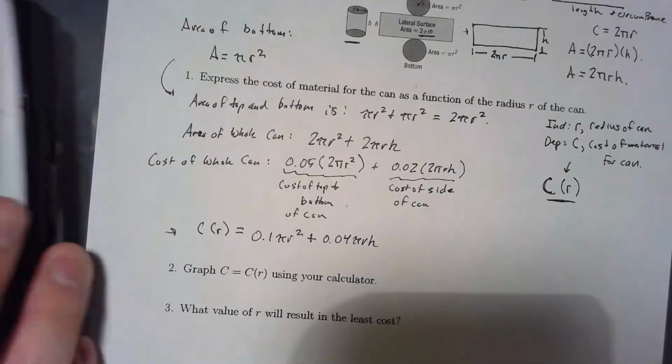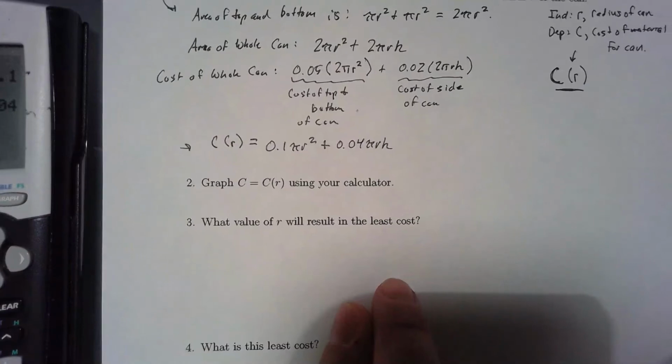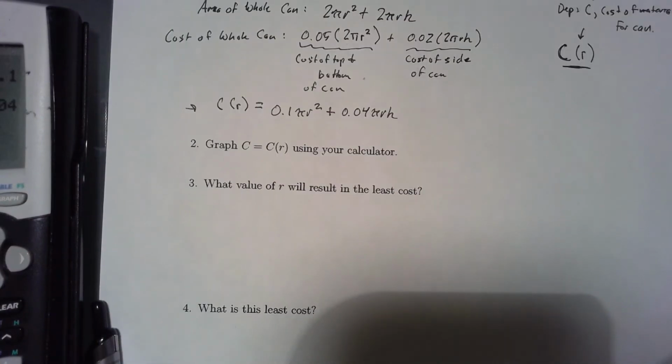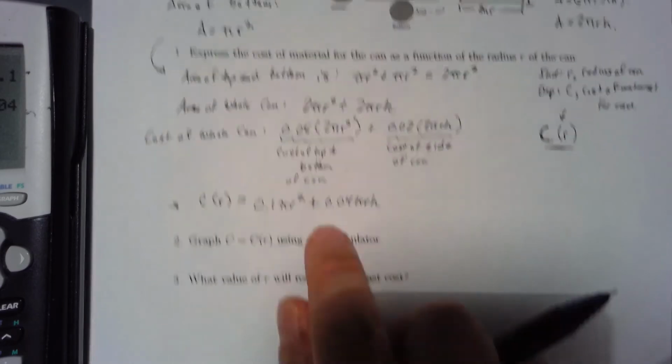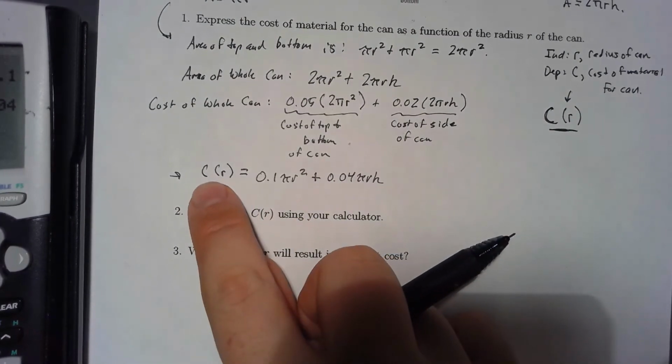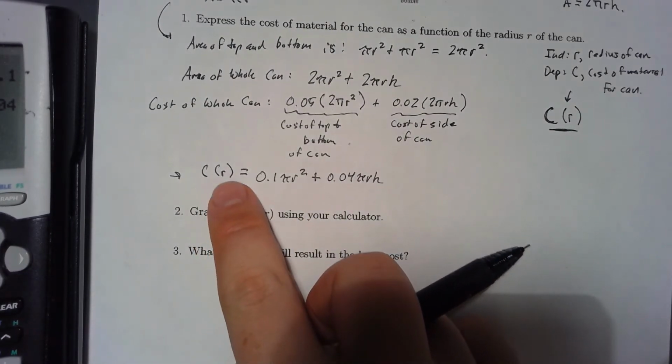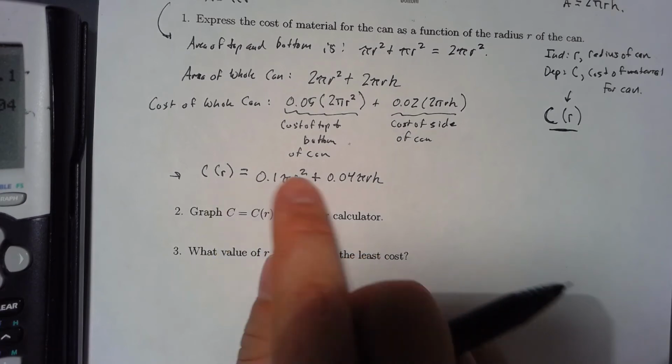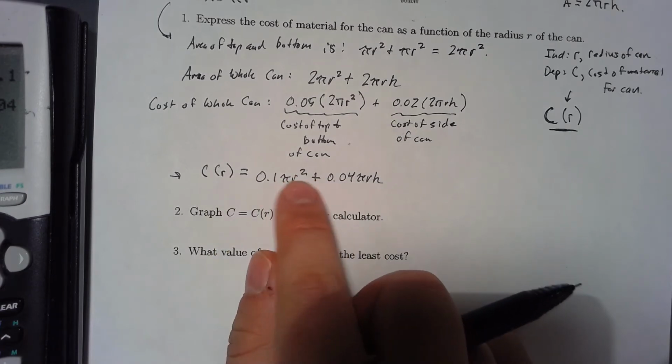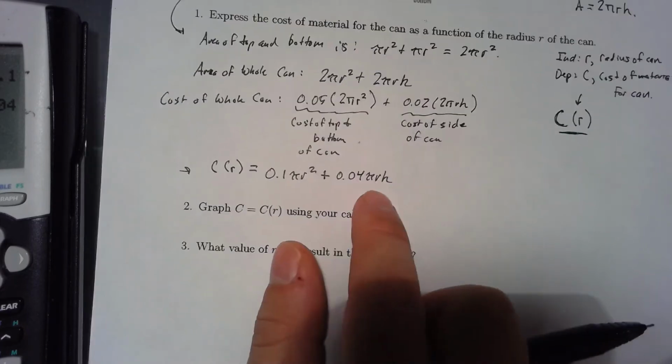Now, what's the problem here? There's one minor problem. If you look here, this cost function is supposed to be a function of r. But what variables do I have in here? I have r, but I also have h.